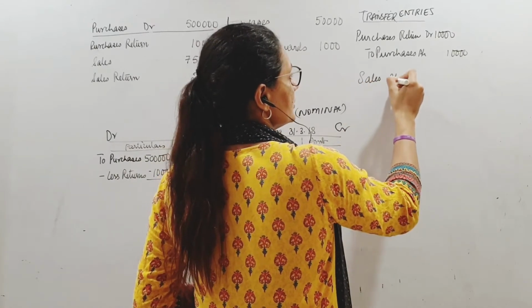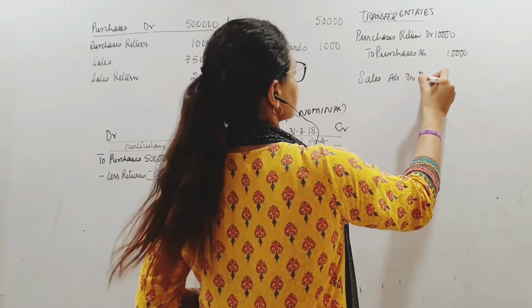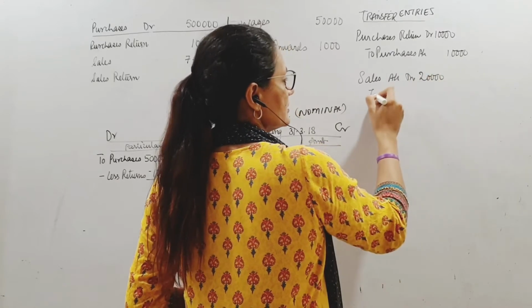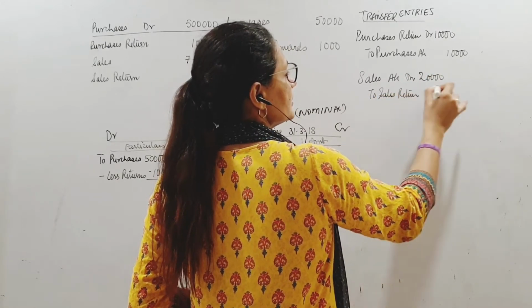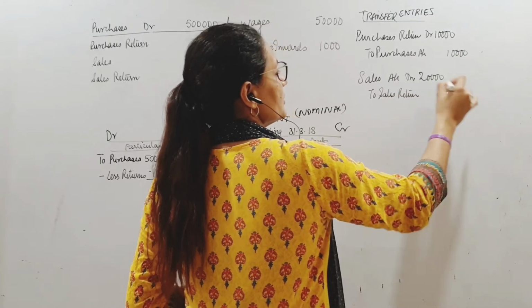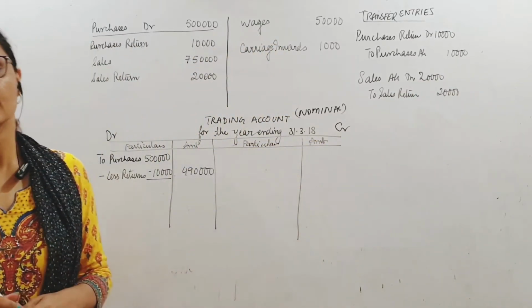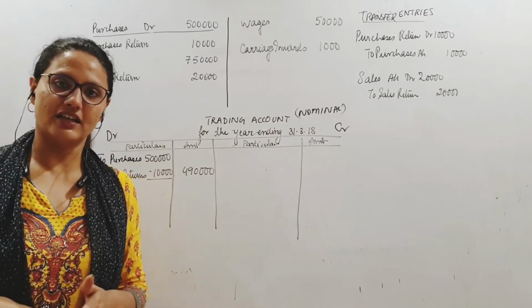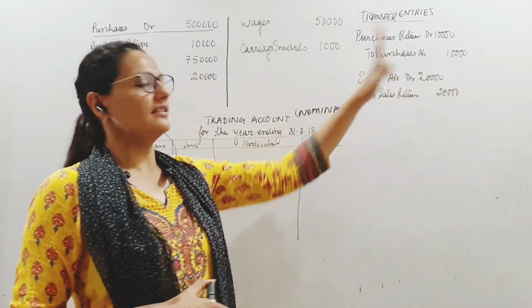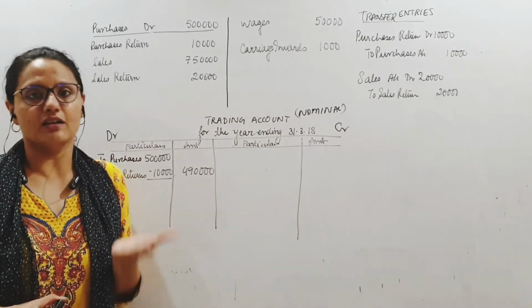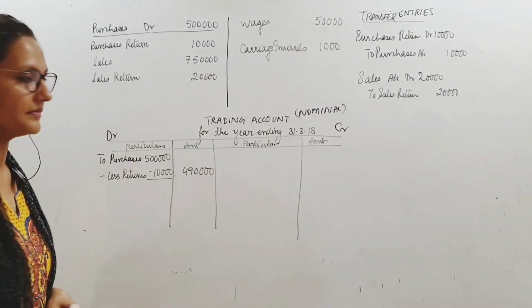Sales I should debit, because with the amount of returns, the income from sales has come down. So I close sales return by crediting the sales return account. So the sales return account is credited and sales is debited.